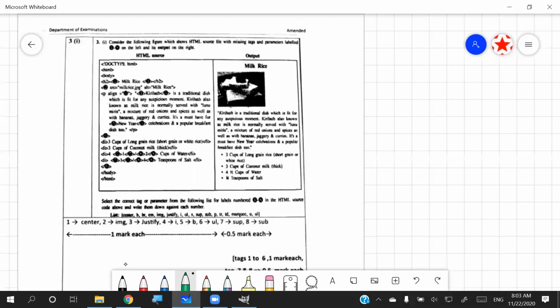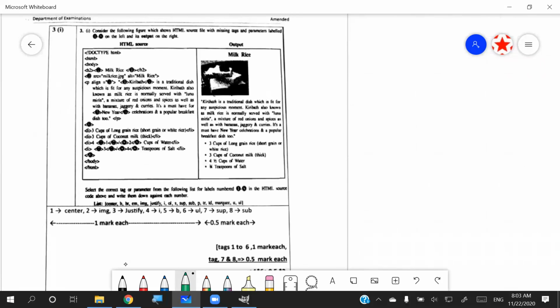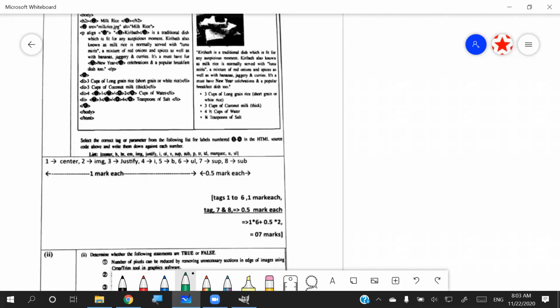So the third question is about HTML. Anyone who has done that? Right, okay, let's go through. They are asking to fill the places given by 1 to 8, right?